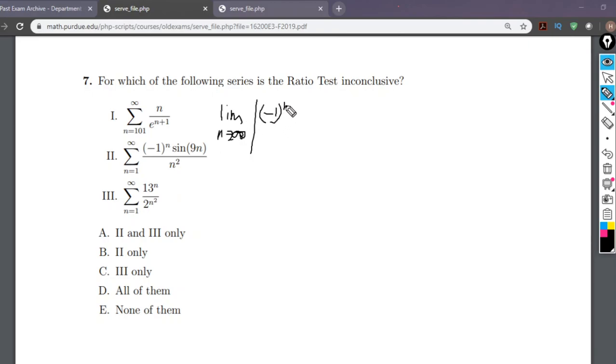So it'd be -1 to the n plus 1 of sine of 9n plus 9, since it's sine of 9n, and n plus 1 replaces n here, so it would be 9n plus 9 over n plus 1 squared, right? This whole thing is divided by the series at the nth term.